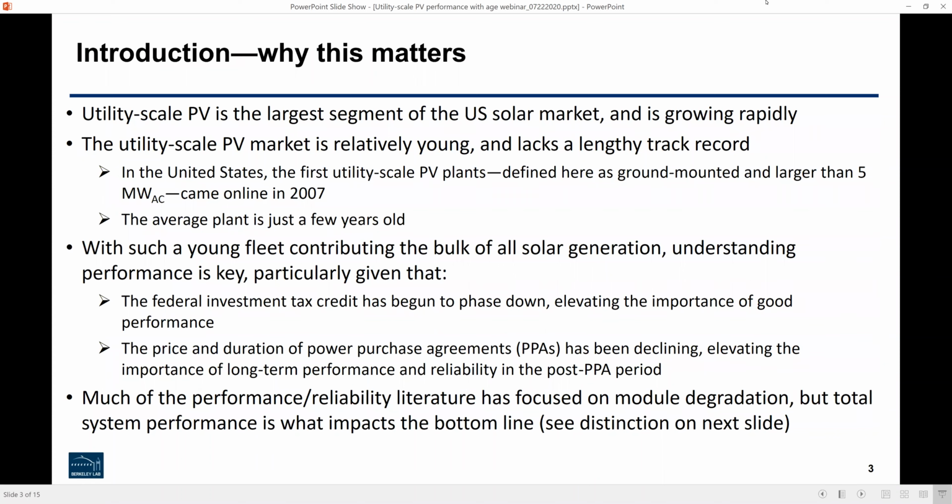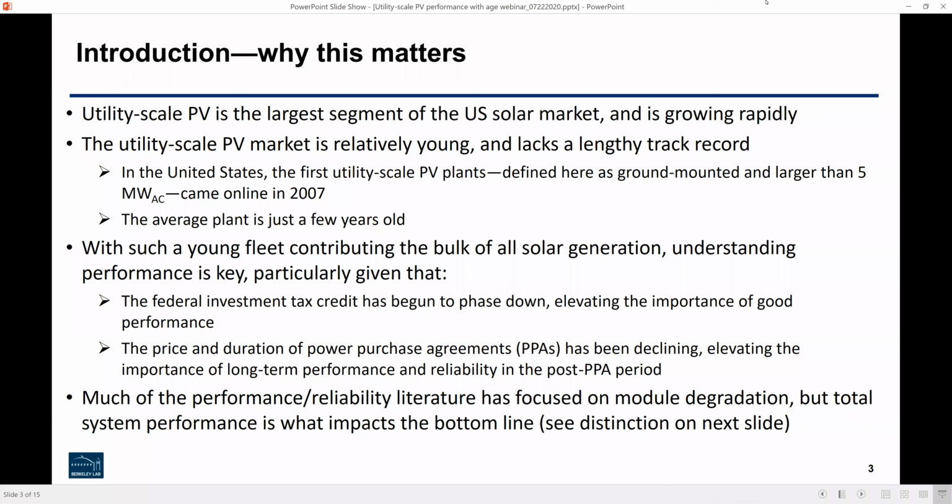Understanding utility-scale PV system performance is important because utility-scale projects, which we define here to include any ground-mounted project that's larger than 5 megawatts of AC capacity, make up the bulk of the overall solar market in the United States. Yet the utility-scale sector is still relatively young. The first utility-scale PV plants in the U.S. came online as recently as 2007.